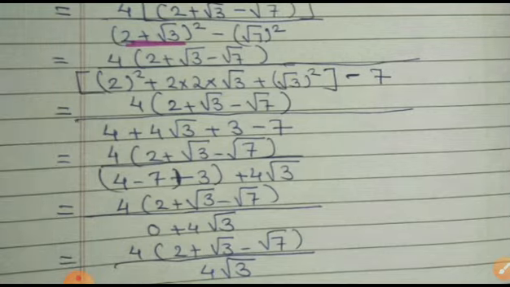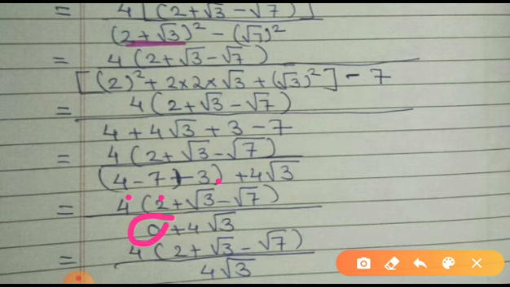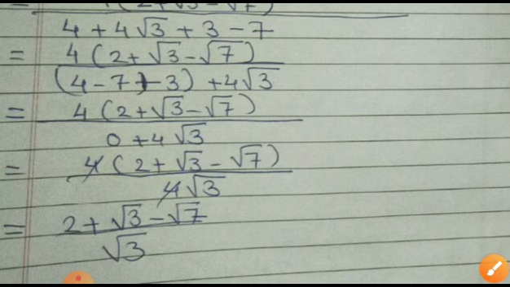So I'll be getting it as 4 into 2 plus root 3 minus root 7 divided by 4 root 3. Since here I have 4 minus 7, that is minus 3. Minus 3 plus 3 I will get as 0. So denominator I have 4 root 3. Can I cancel now this 4 and this 4? Yes. So I'll get this answer.